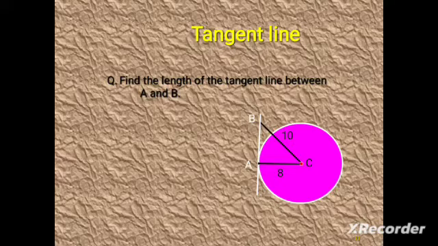Then we are going to extract out our right angle triangle so that we find the length of the tangent line between A and B.